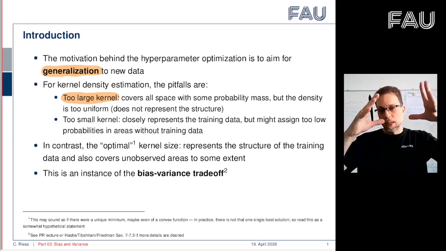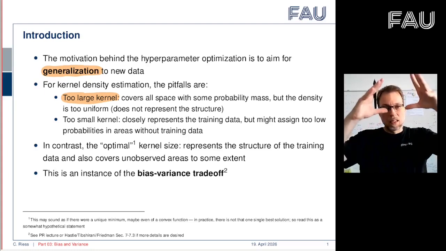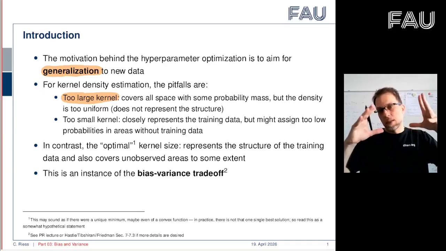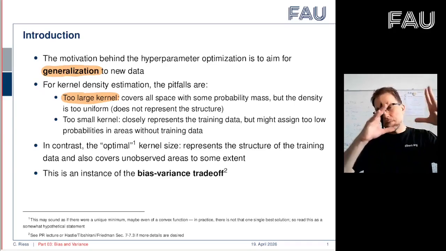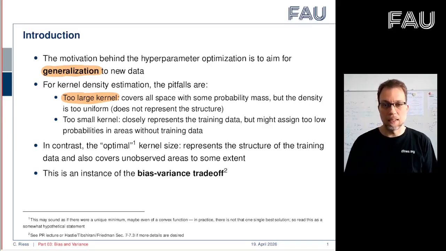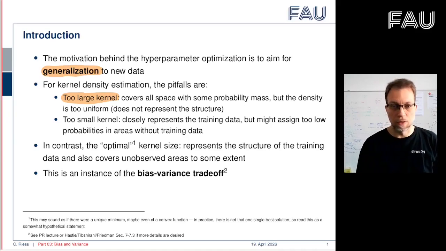There will always be a number of samples in that space, and if you move that kernel around to different locations, the numbers will not really vary. So all space is covered with some probability mass, but the density looks rather uniform. It does not really represent the structure.